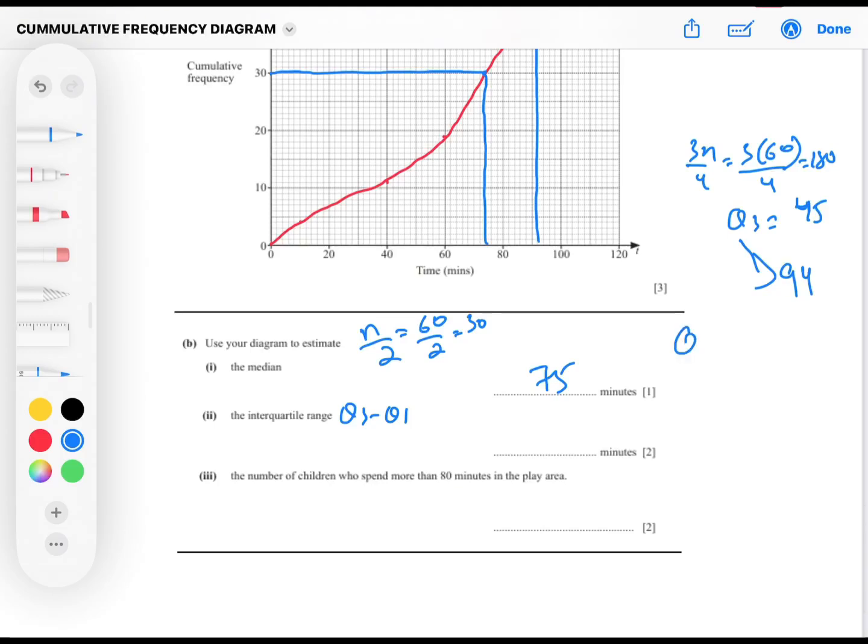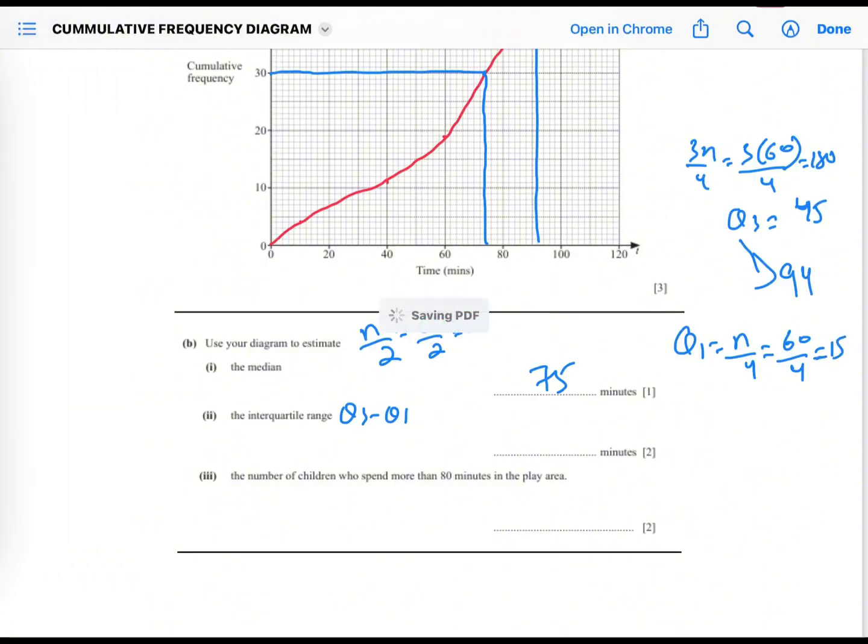Now we need to find q1. So the formula is n divided by 4. The value of n is 60. So 60 divided by 4 is 15. So we need to find out the value at 15.